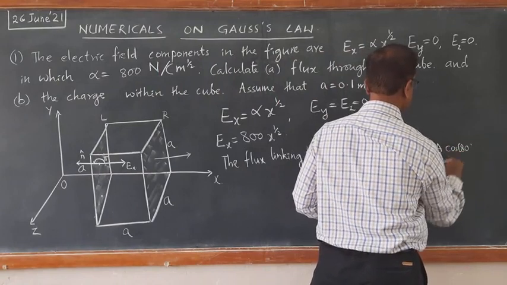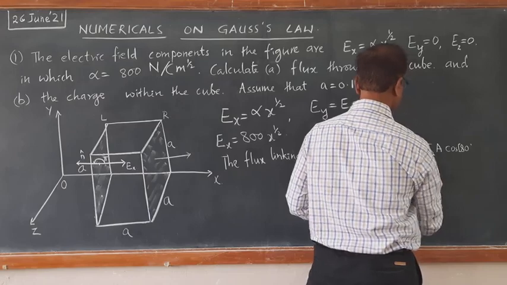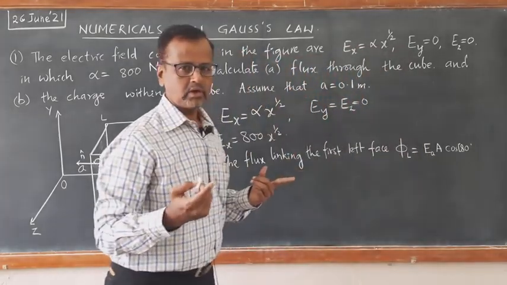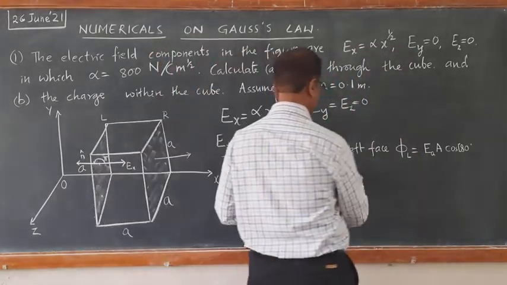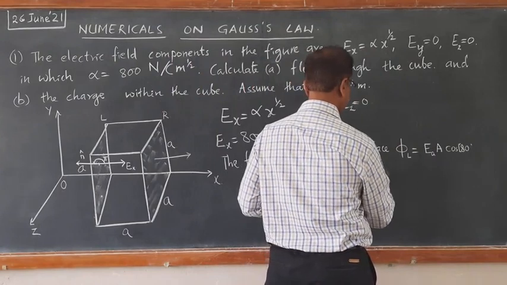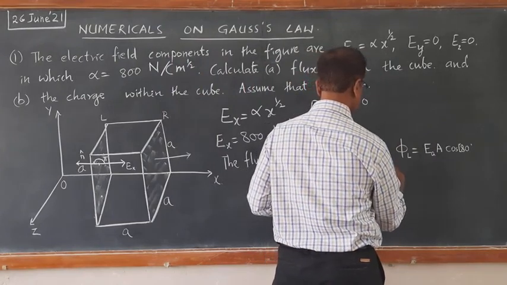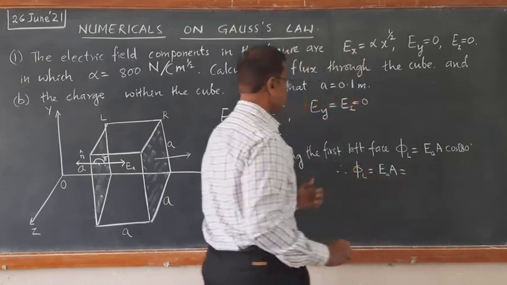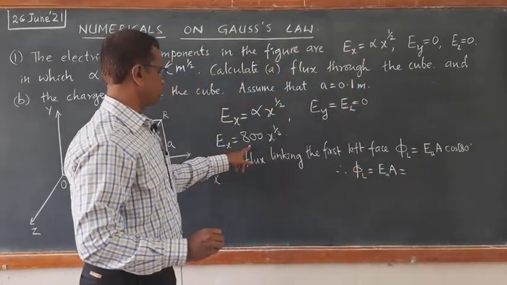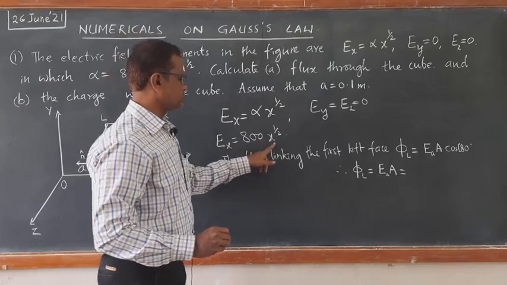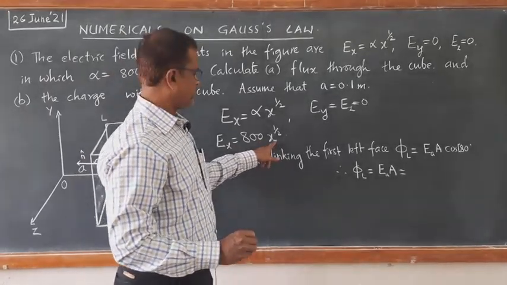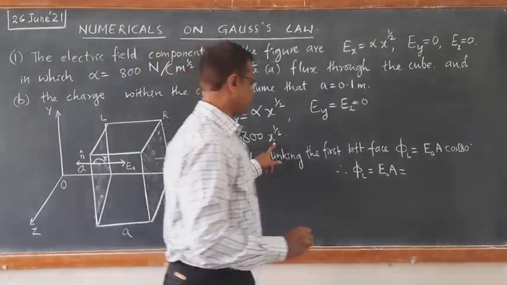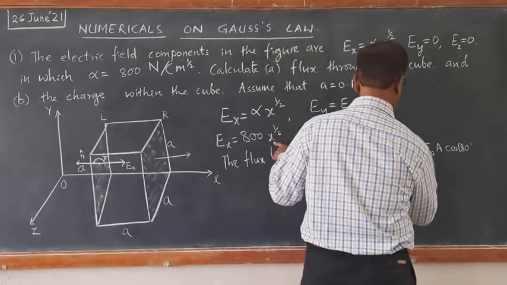Cos 0 is plus 1, cos 180 is minus 1. Therefore, phi L becomes minus EA into A. So what is EA? EA is given here, 800 x raised to half, where x takes the value A. So it becomes 800.